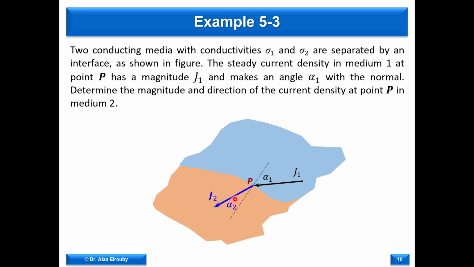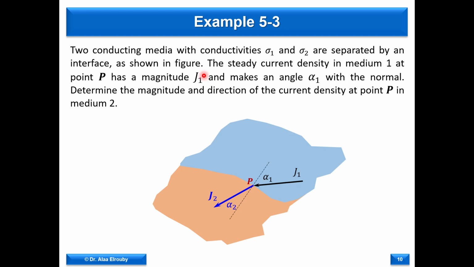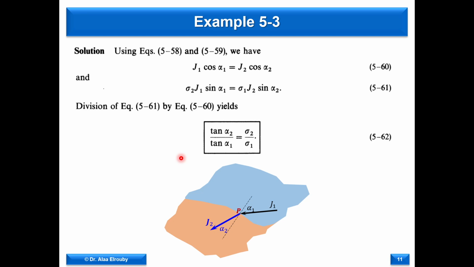So this is a very traditional and common boundary condition problem. We have two boundary conditions. Number one, J normal is continuous.